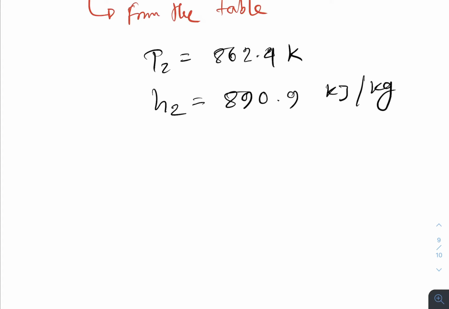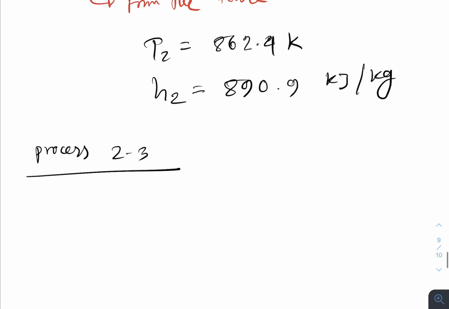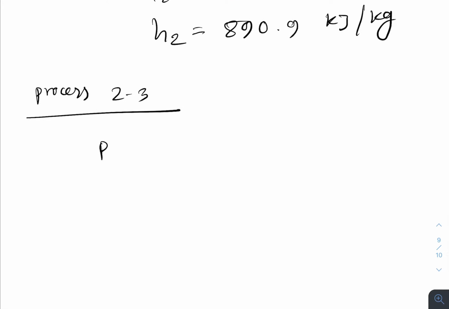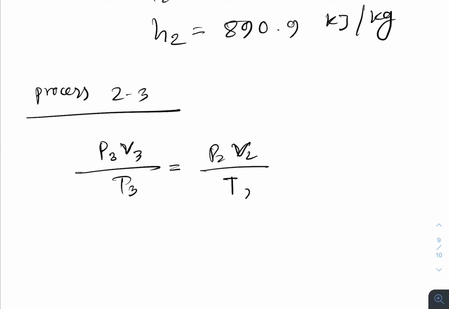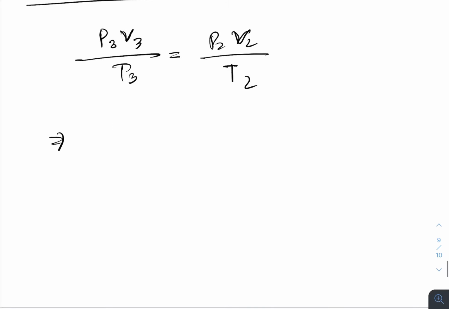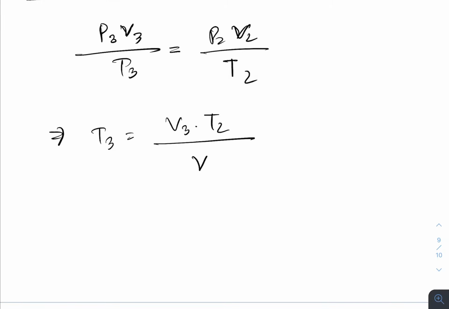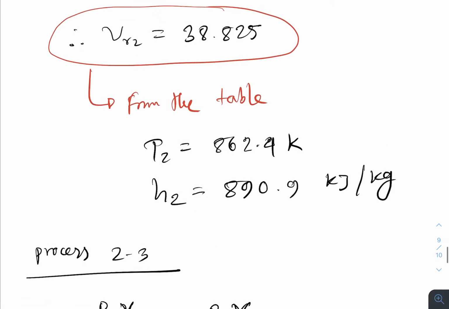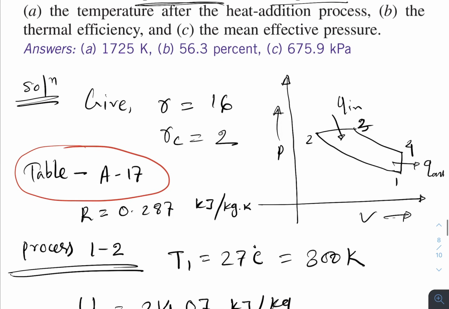Let's go ahead and determine the thermodynamic properties for process 2 to 3. For process 2 to 3, we know the relationship P3 V3 over T3 equals P2 V2 over T2. So T3 equals V3 times T2 divided by V2.